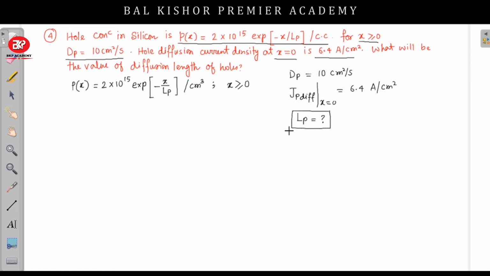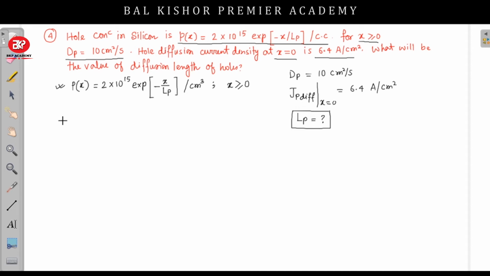Now from this equation you can see that the hole concentration is varying with respect to distance, and this Jp is the hole diffusion current density at x equals 0.